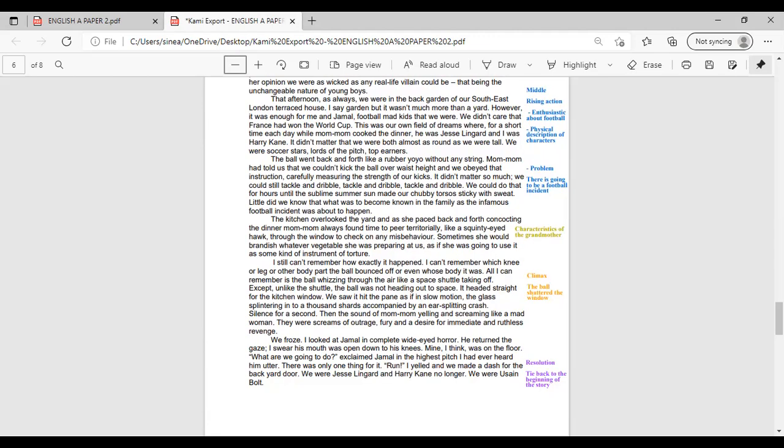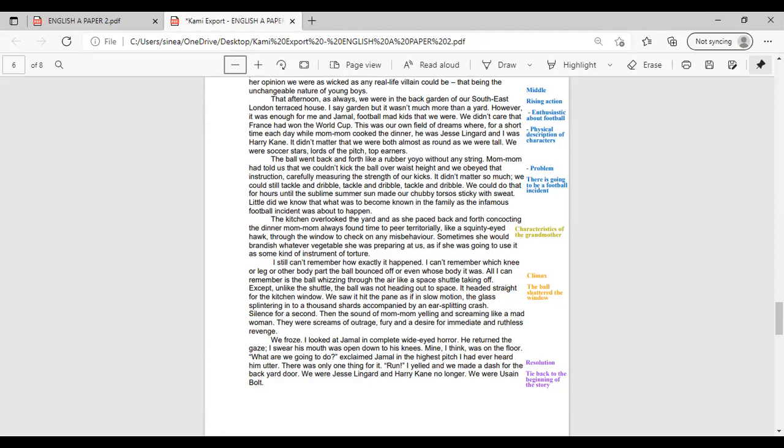The kitchen overlooked the yard, and as she paced back and forth, concocting the dinner, Mum always found time to peer territorially, like a squinty eye hawk, through the window to check on any misbehavior.